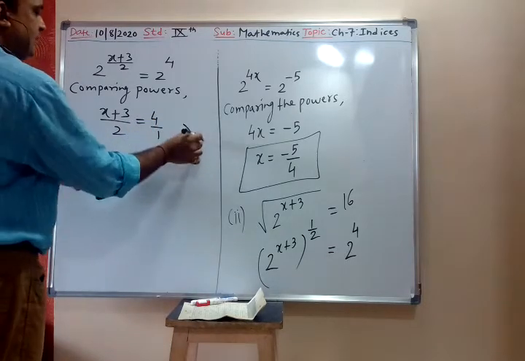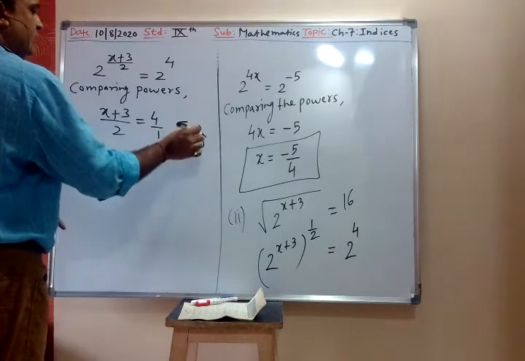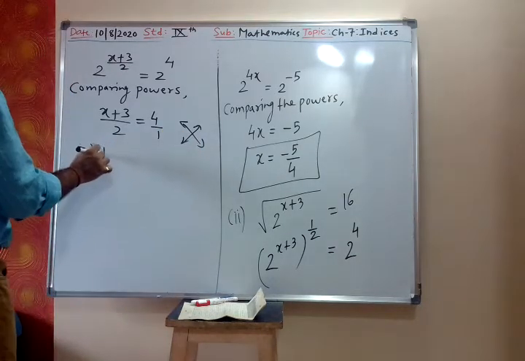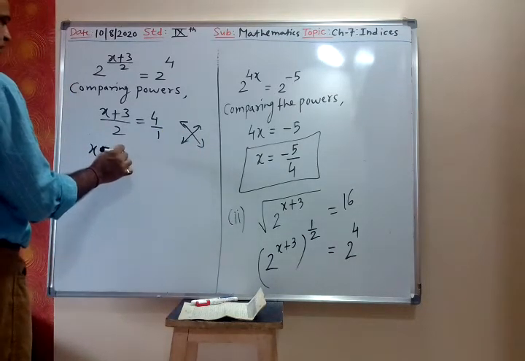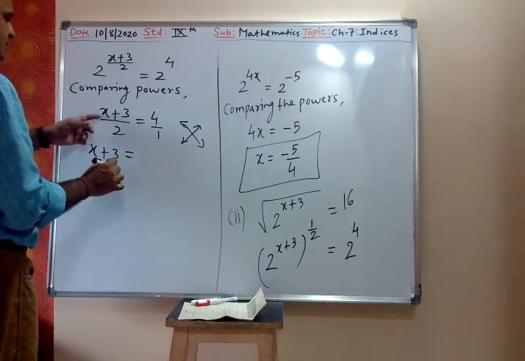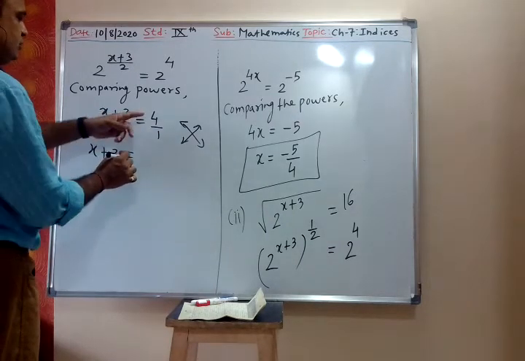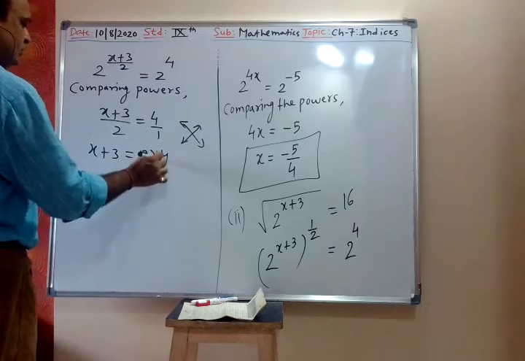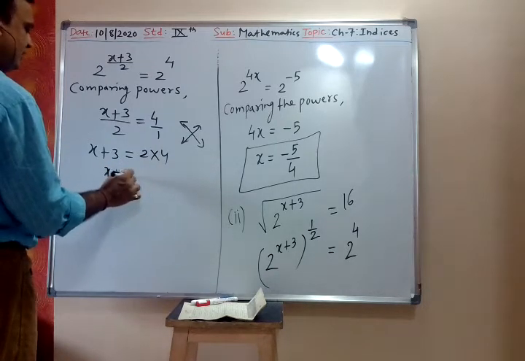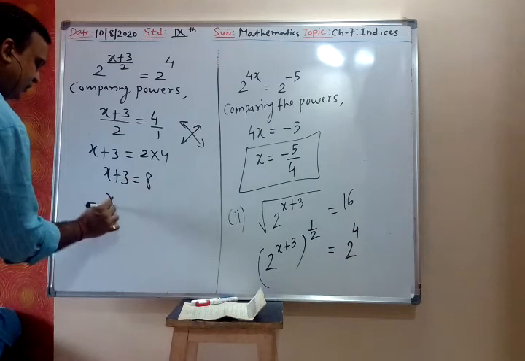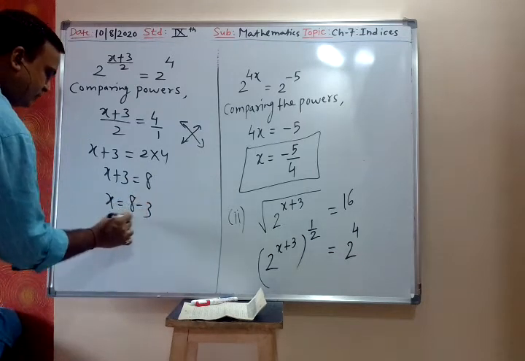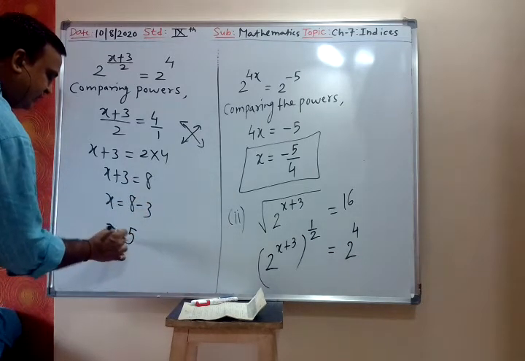So now we cross multiply. x plus 3 into 1 is equal to 2 into 4. So x plus 3 is equal to 8. So x is equal to 8 minus 3. So we get the answer x is equal to 5.